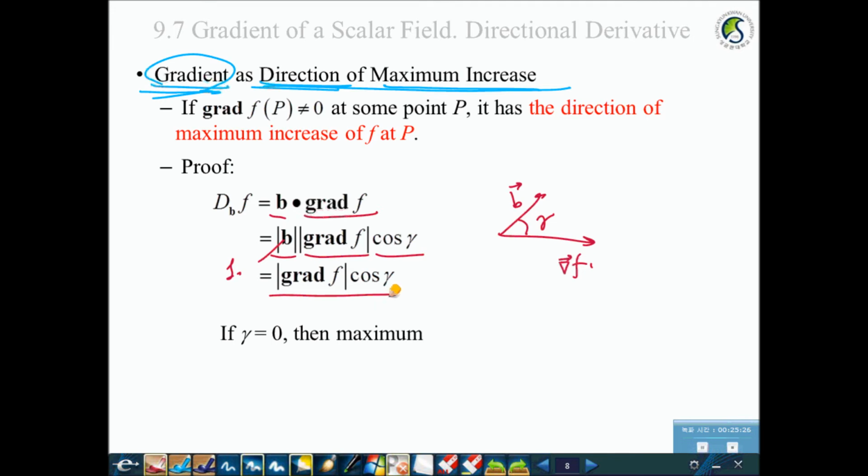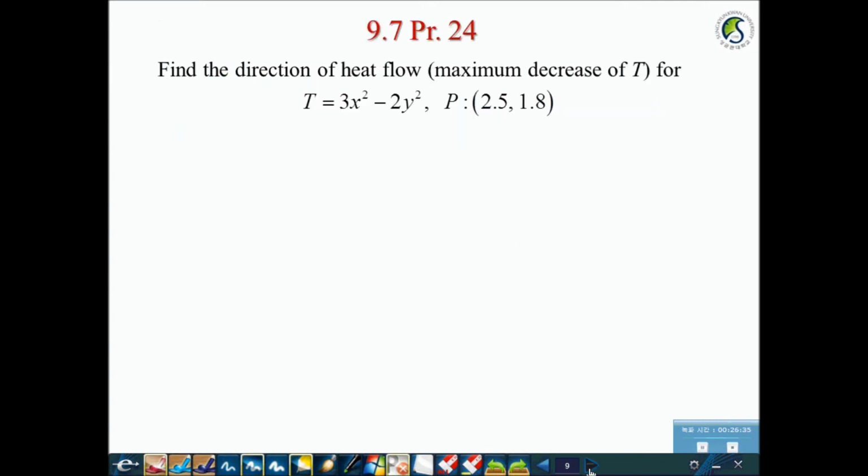When gamma is 0, that's the maximum. Meaning, when B and the gradient are in the same direction, that's the maximum. It means again that the direction of the gradient is the direction of maximum increase. So, problem 24.